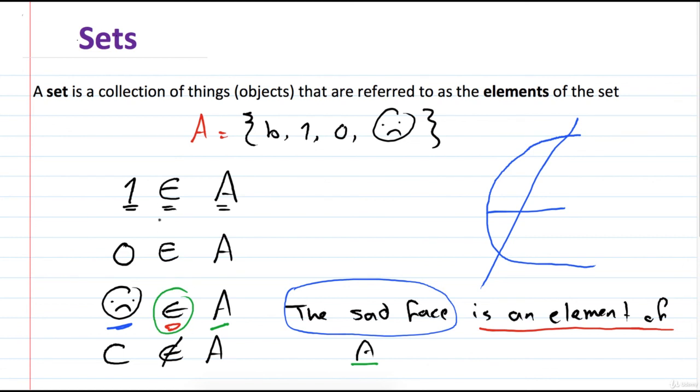Suppose I change this into 7. 7 is not an element of A. That's how I can represent that something is not an element of a set, by having the symbol of being an element of and then having a line on it, which means that thing is not an element of the set.